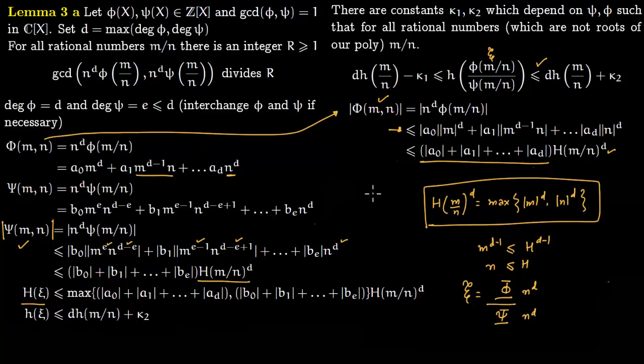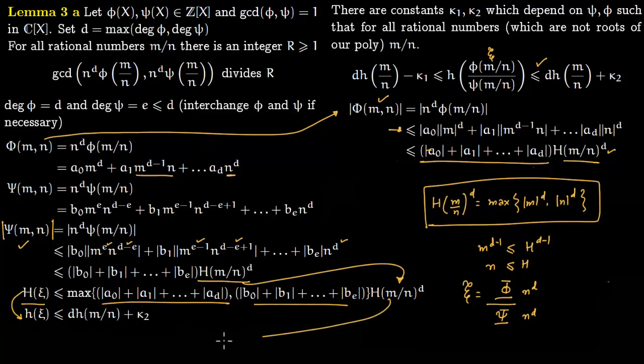So we copy this entire thing right here, copy this entire thing right here, this height, you copy right here. Now take log. Log of this is this, log of this is this, h of m over n, and log max of this is kappa 2, and that proves this second inequality. So we are done with lemma 3 of Mordell's proof.